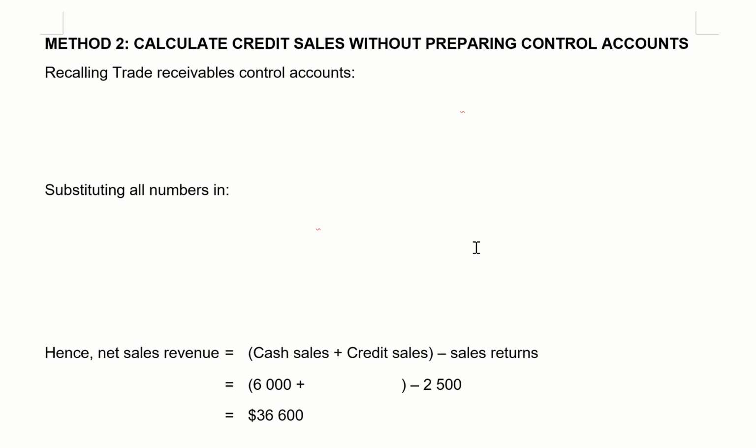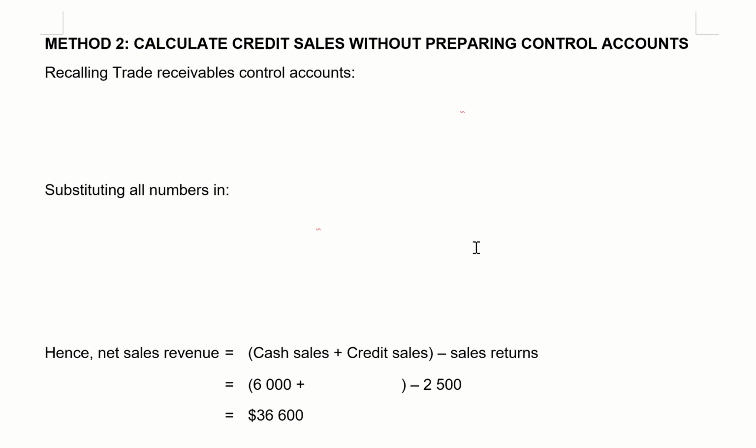But method 2 is very high risk because sometimes you calculate wrongly. And if I cannot see your method, or if you write your method wrongly in the first place, then your entire question will get 0 marks. So if you want to use method 2, please be very careful.